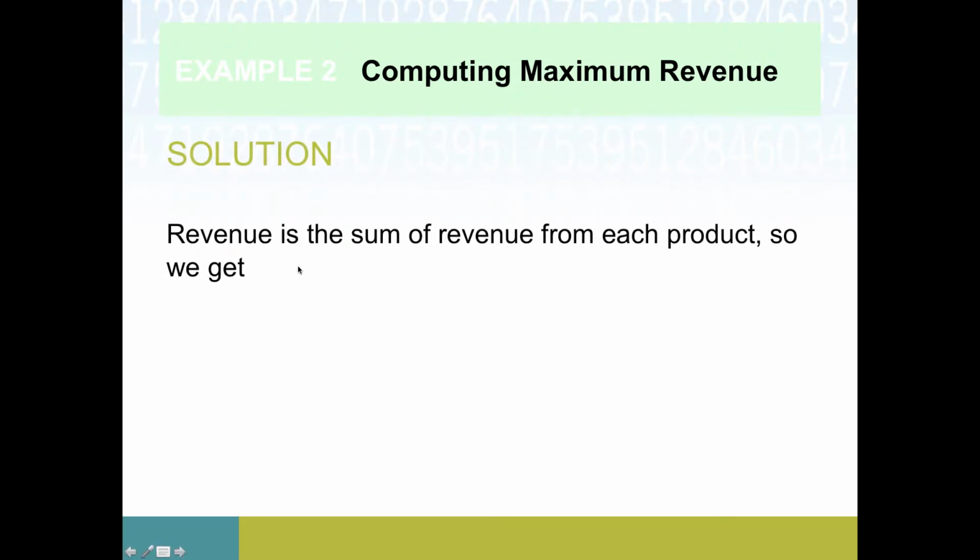Okay, so we've got some modeling to do first. Remember, if we want revenue from a single product, then we look at price times quantity. If we've got more than one product, then we take a look at price times quantity plus the price times quantity for the other. So the sum of these individual revenues would give us this total revenue.